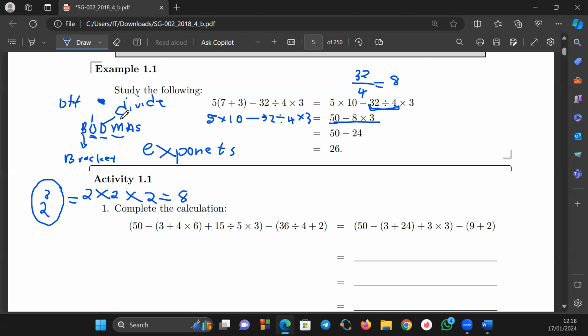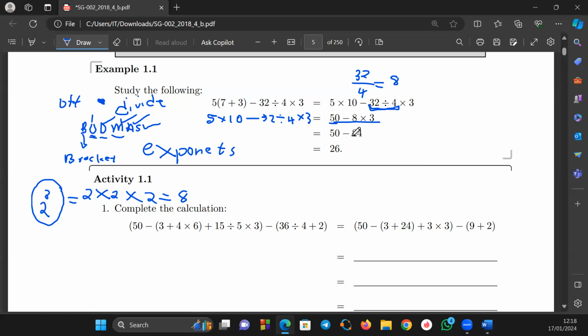This is multiplication, this is addition, and the S is subtraction. The only signs you are left with are subtraction and multiplication. So you're going to multiply first. So you're going to say 8 multiplied by 3, and 8 multiplied by 3 is going to give you 24. So you're going to have 50 minus 24.